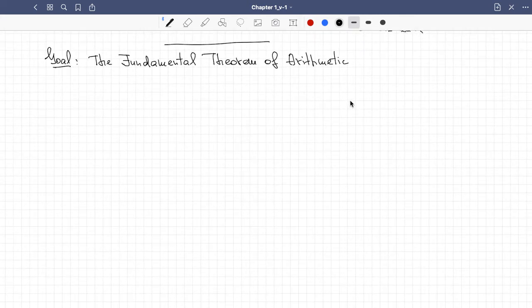The theorem, with that prouder name, is actually also a well-known fact. This is theorem 1.8 in the book.